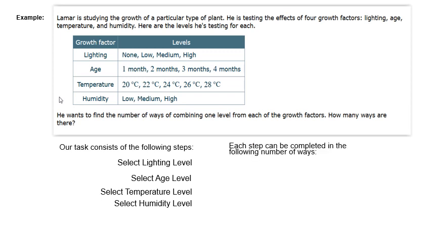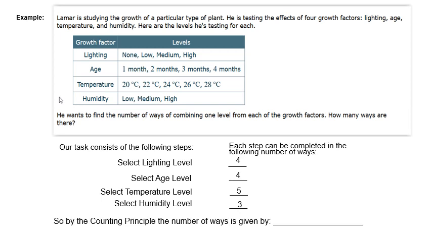Each step can be completed in the following number of ways. Well, there are 4 ways to choose lighting, 4 ways to choose age, 5 ways to choose the temperature, and 3 ways to choose the humidity.